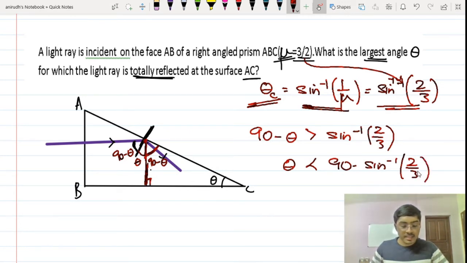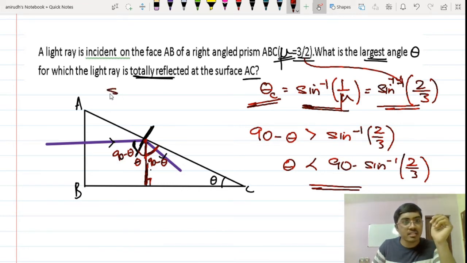Now we are left with the answer. We have got the answer, but to make it better, remember this mathematical expression: sine inverse of x plus cos inverse of x is equal to 90 degrees.